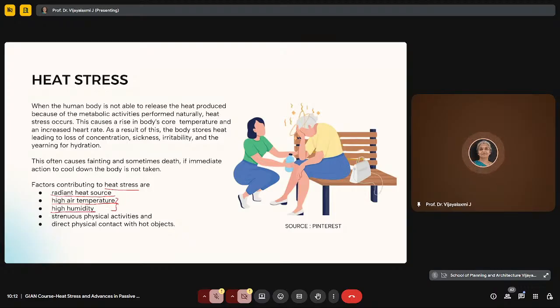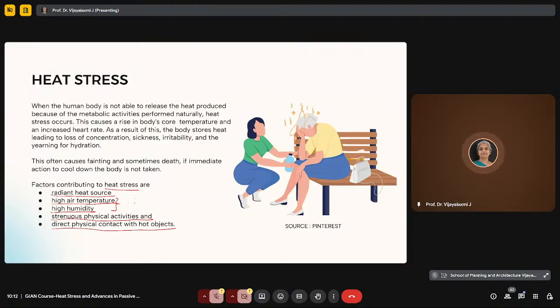Recently, because of heat stress, mortality happened in Chennai during an air show. Strenuous physical activity can cause heat stress. We all know the difference between doing physical activity in an AC room and a non-AC room.